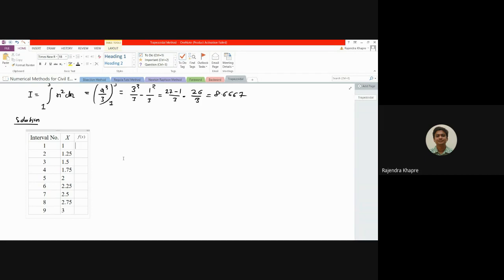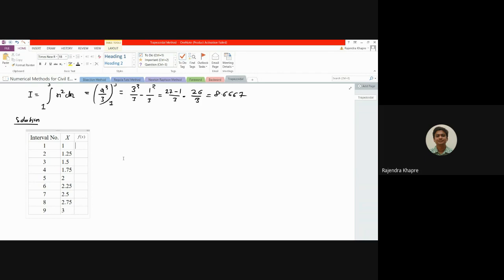Sir, is there any formula for calculating the number of intervals? No, this is taken randomly. In the examination the number of intervals will be given to you. Why I have taken so many intervals is because I wanted to explain how the number of intervals affects the accuracy of the solution.